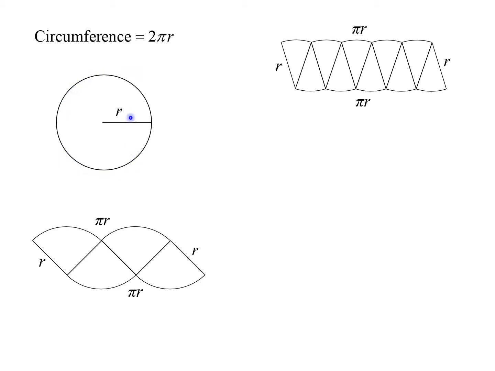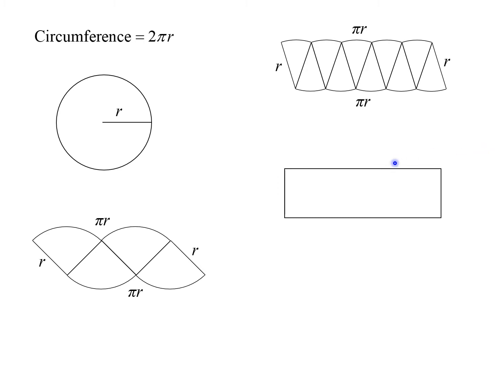Well, what is this circle morphing into? Suppose my next jump was 1,000,000 of those pieces. It would take me forever to do that physically with a paper circle and scissors. But if you were able to do 1,000,000 of those pizza slices, it would start looking like a rectangle.